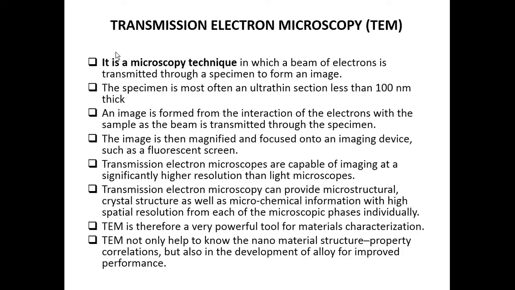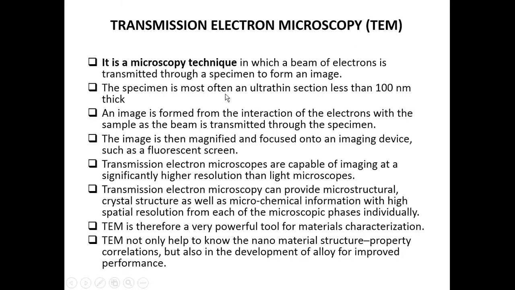Okay. So transmission electron microscopy is a microscopy technique in which a beam of electrons is transmitted through a specimen to form an image. Actually, the electron beam is passed through the film or the material or specimen whose image is to be enlarged and viewed, isn't it?